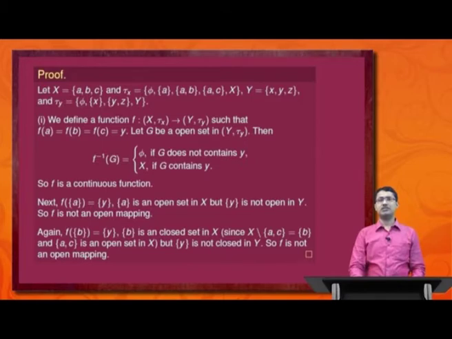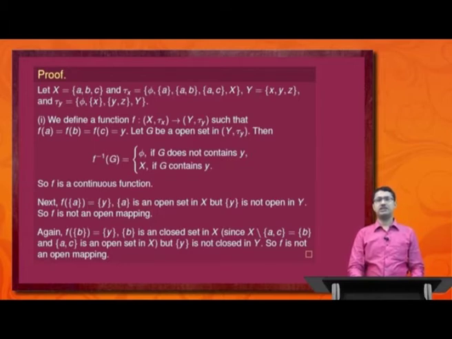And Y consists of again three elements x, y, z, such that τ_Y is equal to {φ, {x}, {y, z}, Y}. For the first example, we define a function small f from X to Y such that f of a, f of b, f of c, all our elements go to small y.